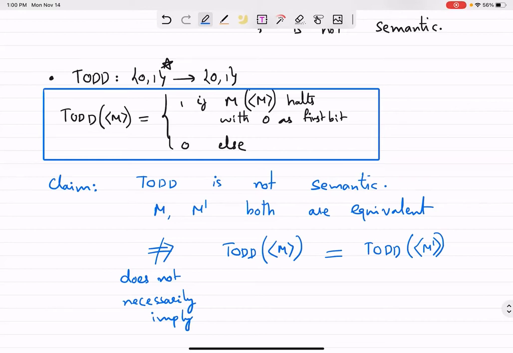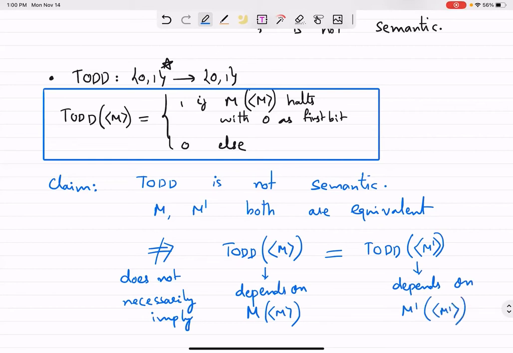So this depends on m of m, and that depends on m prime of m prime, and we don't have any way to compare these two. The equivalence only tells you that m and m prime give the same output on the same input. But here, it's talking about two different inputs. The descriptions are different.